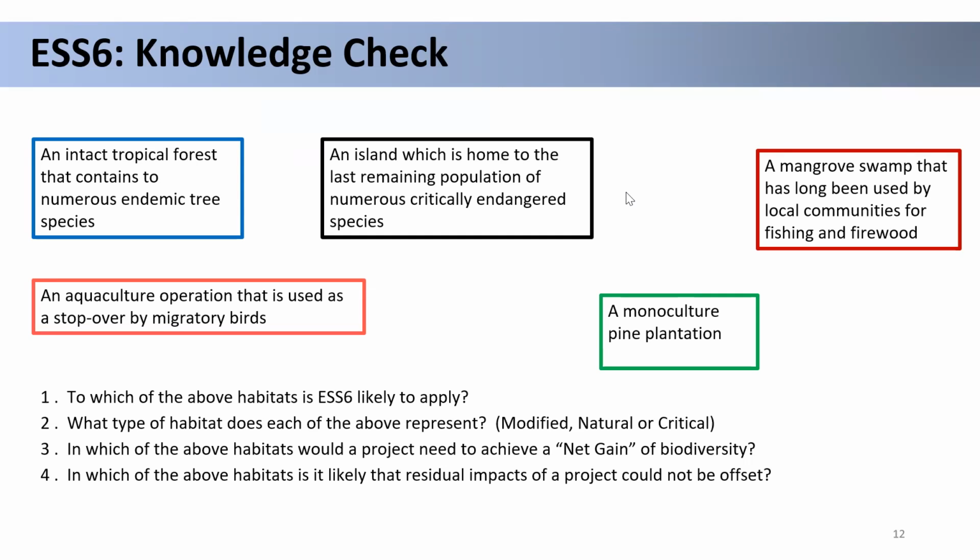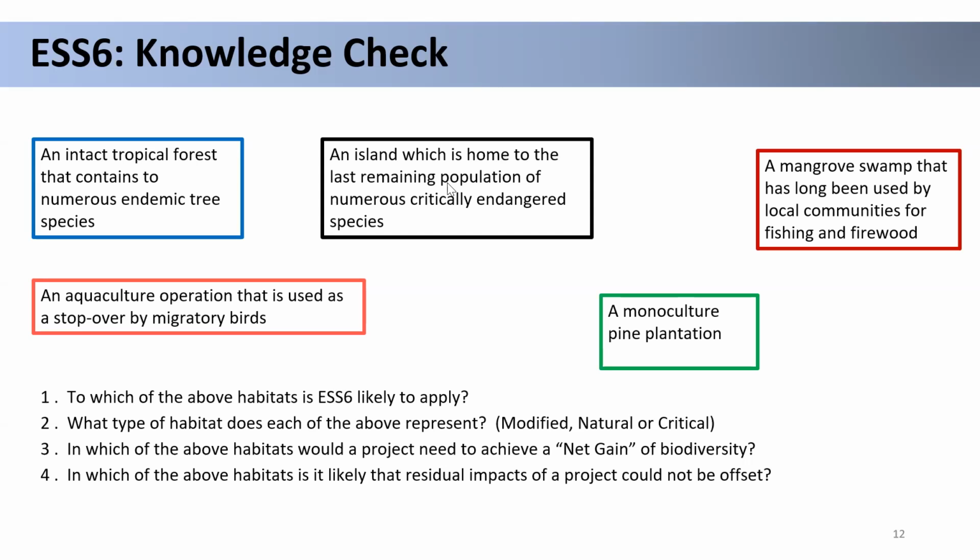So would that be modified, critical, or natural habitats? Would it be the intact tropical forest, an island, a monoculture, an aquaculture operation, or the mangrove swamp? Any thoughts?